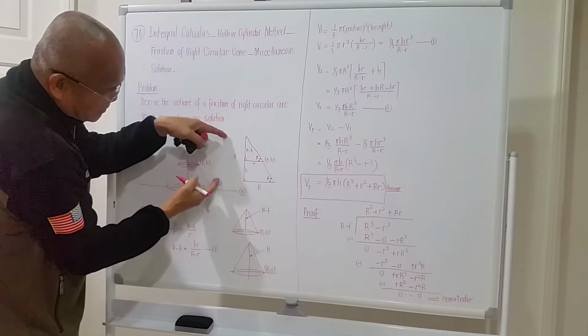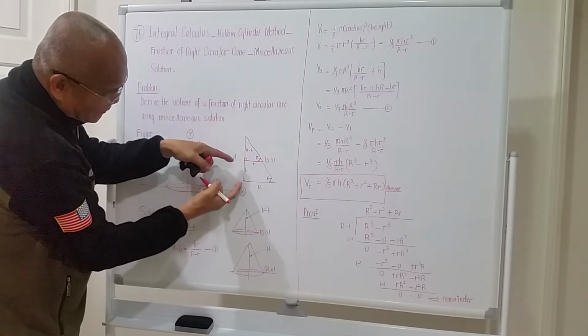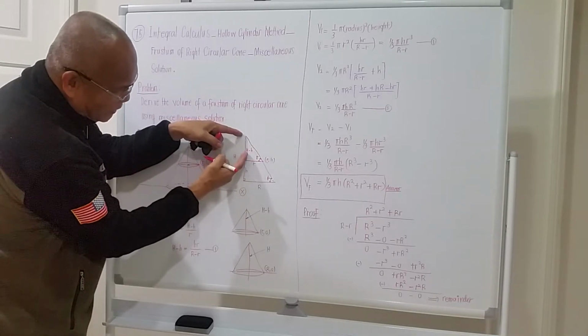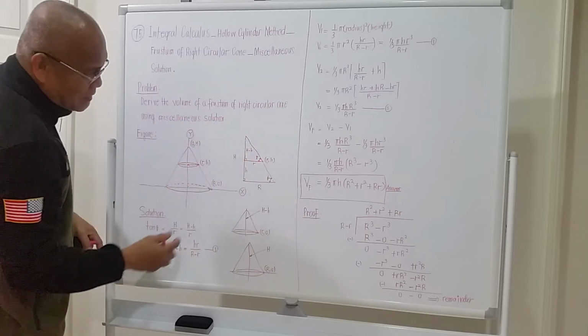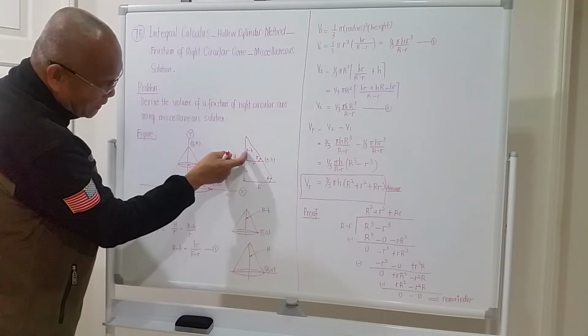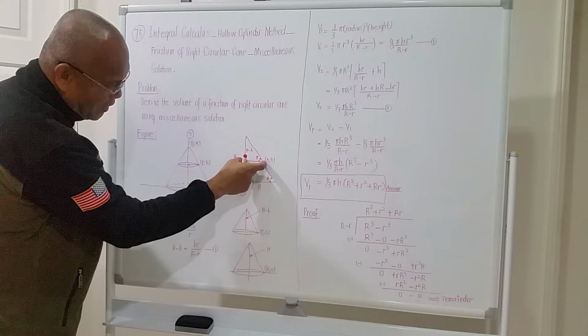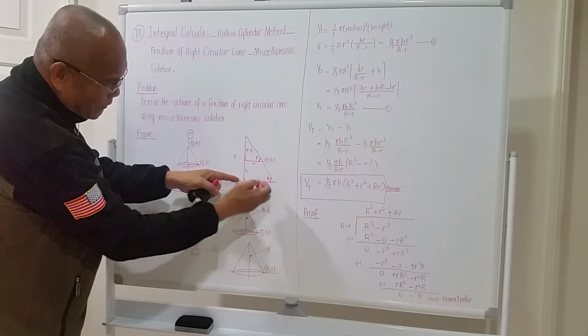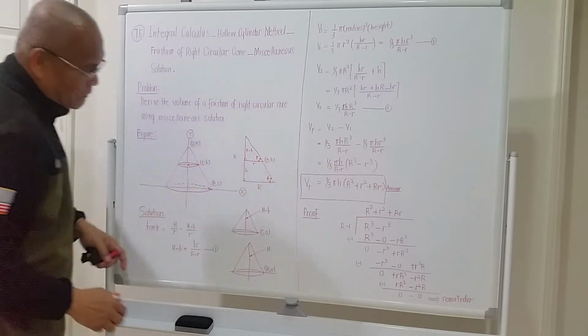Because the total height is capital letter H, the lower height is a small letter h, so this portion here is capital letter H minus small letter h. So this is capital letter H minus h, this is R, this is capital letter H, this is capital letter R. Theta, theta, okay?